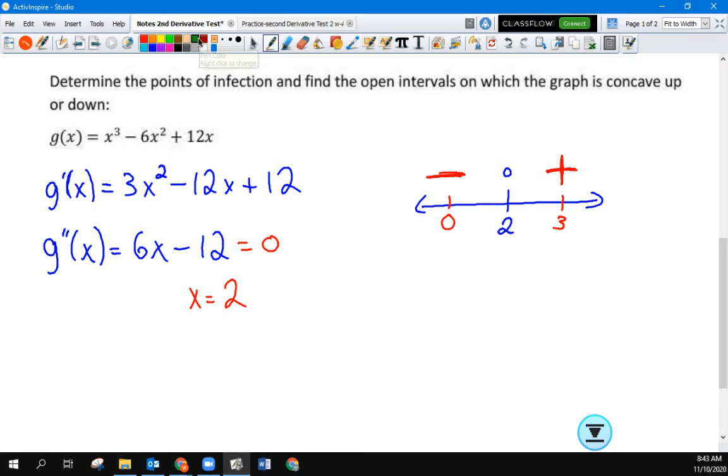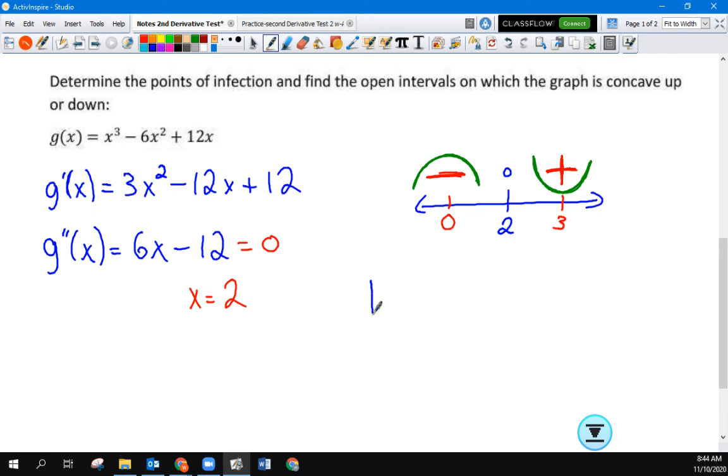And again, how does that relate to our original function? Well, again, this is telling us our concavity. So on the left side, it's negative, which means concave down, or it cups down. On the right side, it's concave up, or it cups up. That means since it does change from negative to positive, our concavity, 2 is in fact a point of inflection.